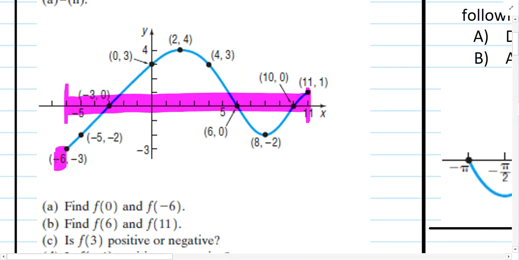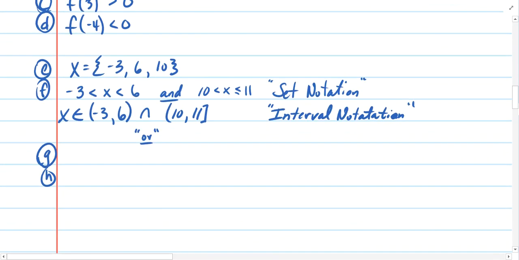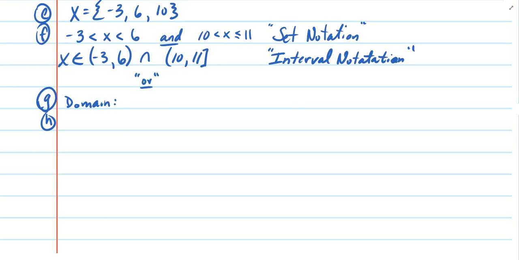It includes an x value of -6, and it includes an x value of +11. So if I were to report the domain using interval notation, I would say something like this: the domain of the function is all x values that are an element of the set of numbers from -6 to +11 inclusive.